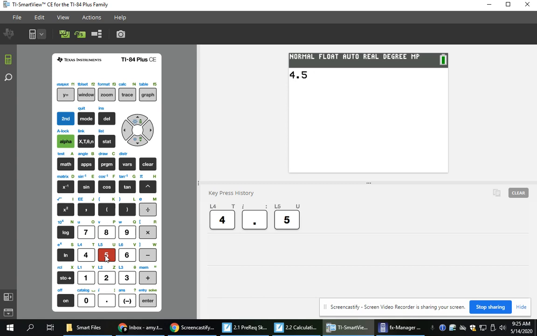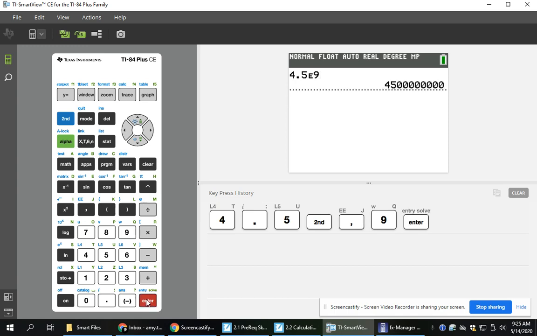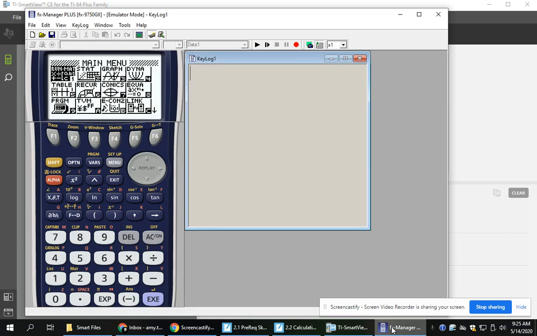You're going to hit second comma. So above the comma, you can see two little E's. And in your calculator screen, you can see one E pop up. That means scientific notation. All you have to put after that is the exponent. Okay, so those are the same number. On the Casio, this is how it works.